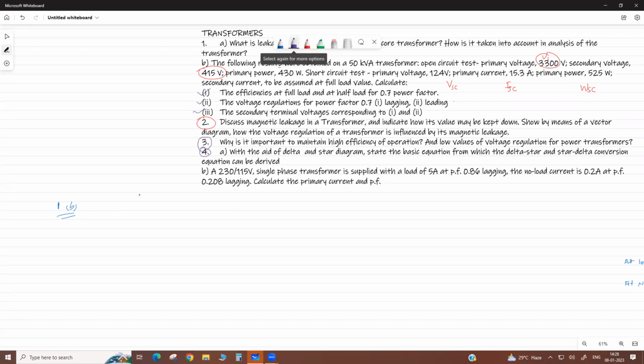What is your short circuit, open circuit test? Here we write short circuit test. So in open circuit test we apply the rated voltage. Correct? That is V1, 3300 volt.